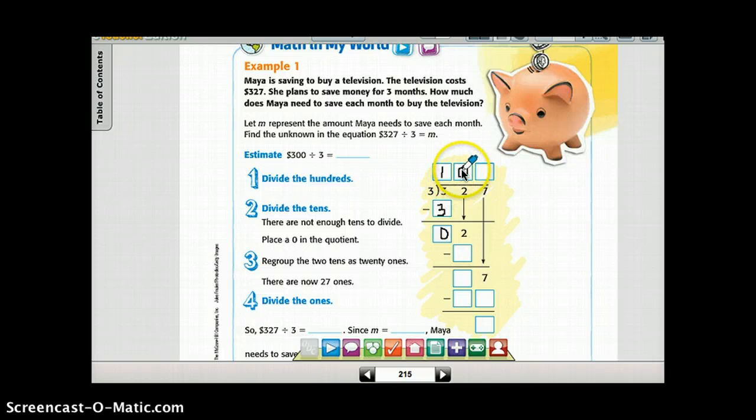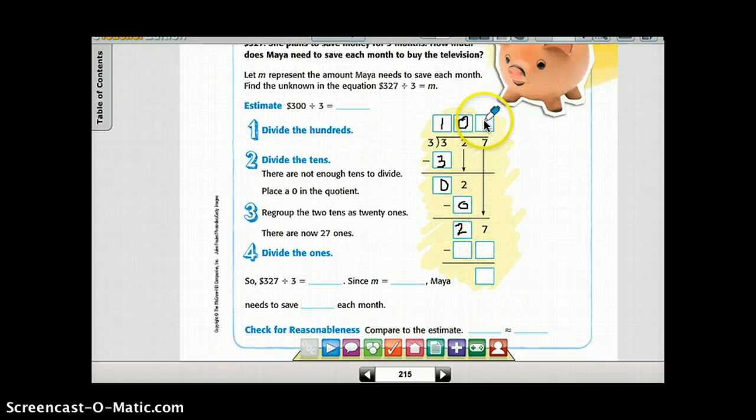So now do your same steps. 0 times 3, well, we get 0. 2 minus 0 is 2. Now I can bring down this 7 so that I don't have this blank spot right here. So, well, first I compared. 2 is less than 3, then I brought down the 7. Now 3 goes into 27, and that is 8 times.